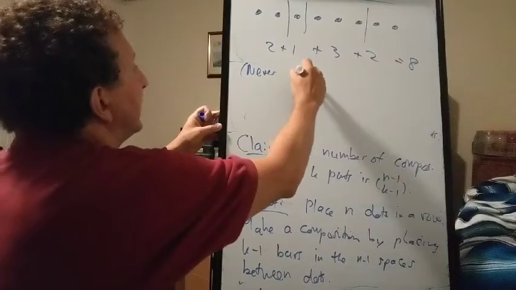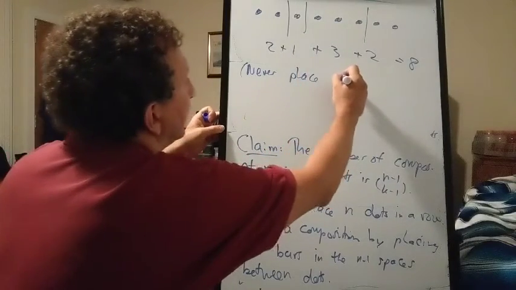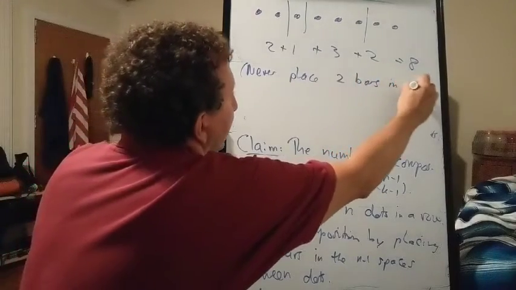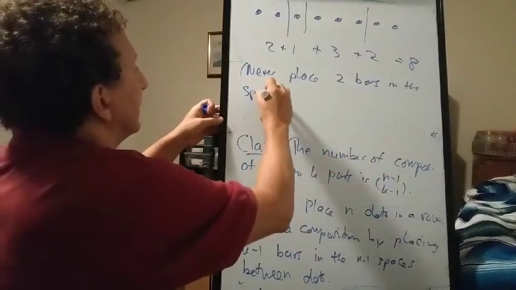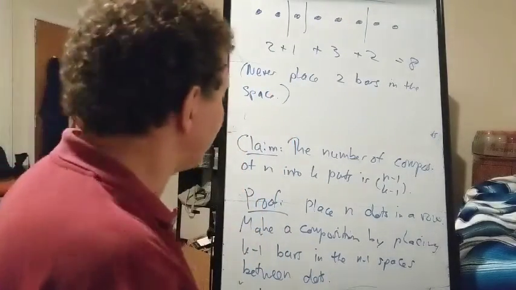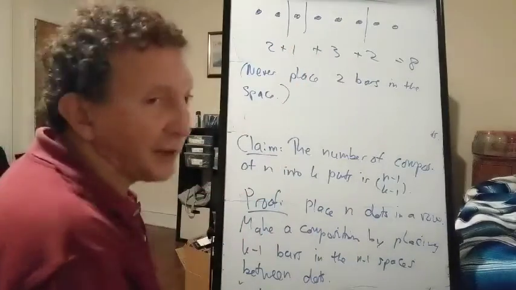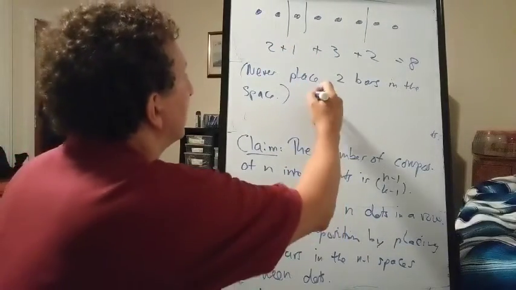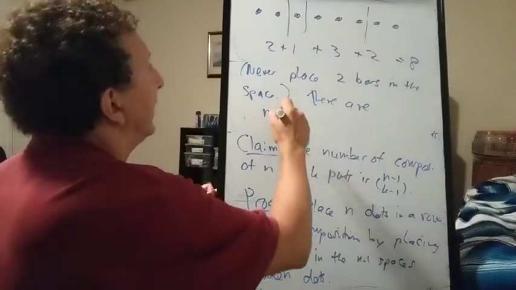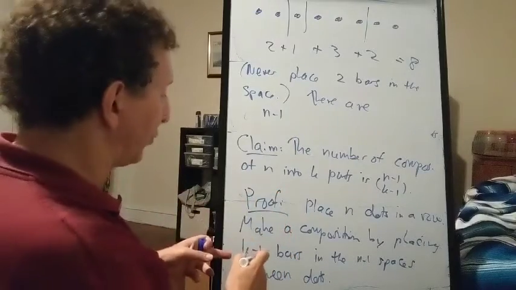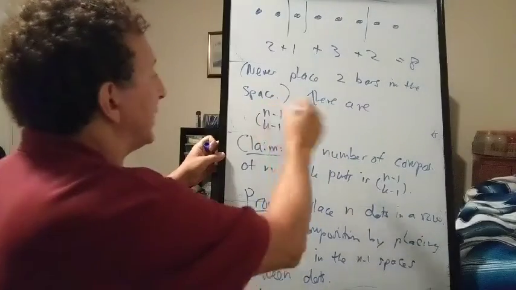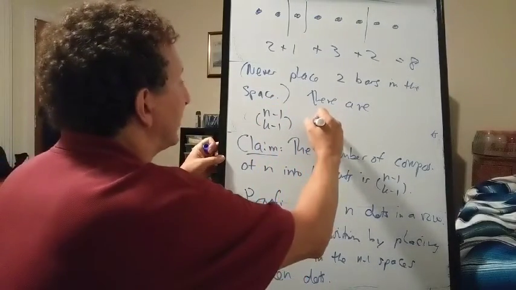So we'll never place 2 bars in the same space. So how many ways are there to do this? Well, we've got n minus 1 spaces between the n dots. And we're going to choose k minus 1 of them to put bars in.